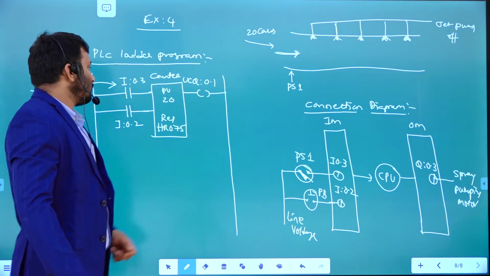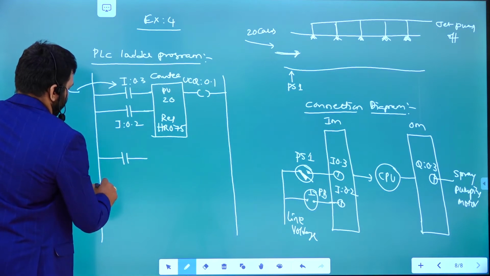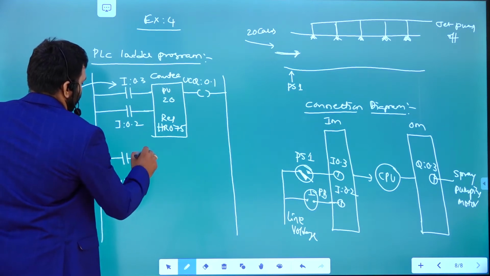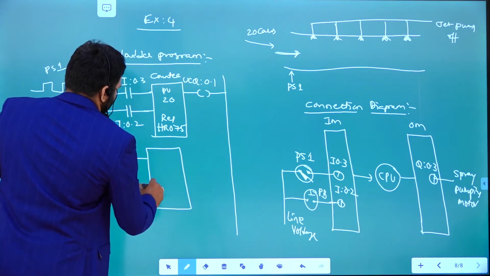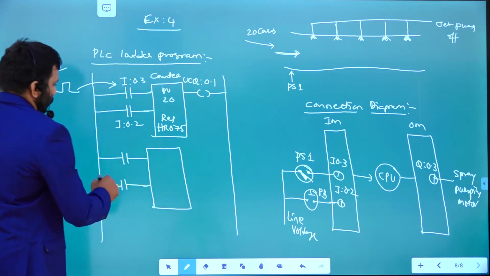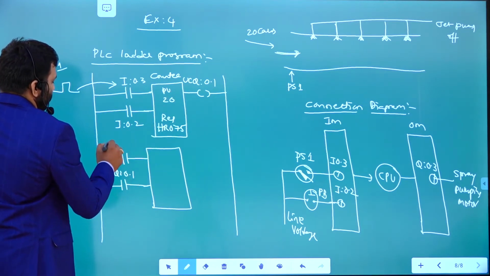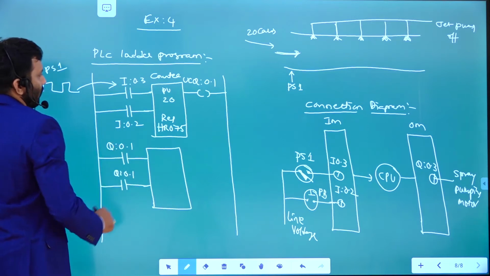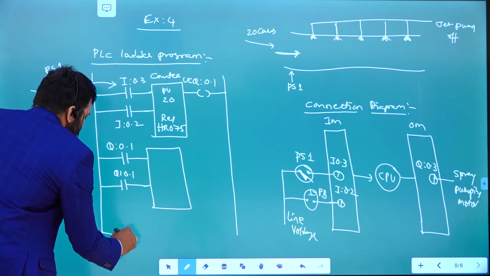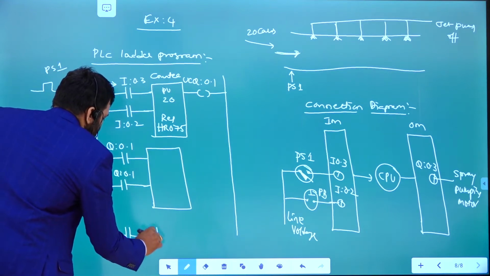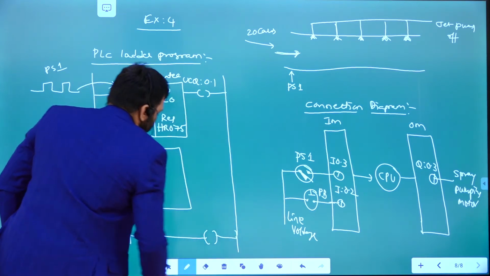Once it is high, it needs to start the timer application. So once it has reached Q 0.1, at the same time it needs to run the start spraying, the spray gun.